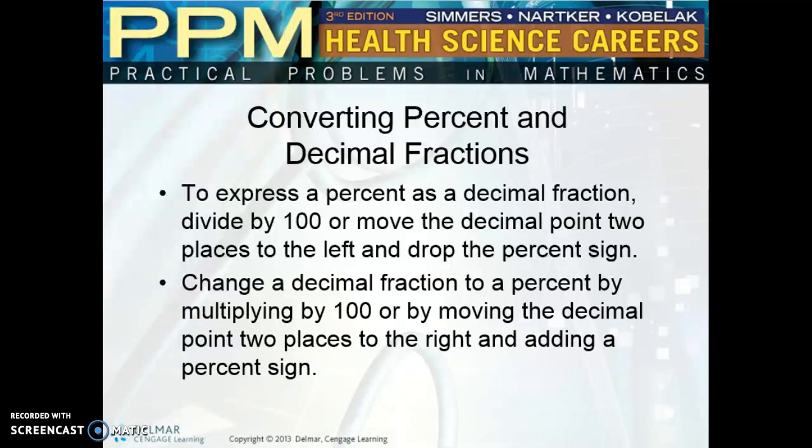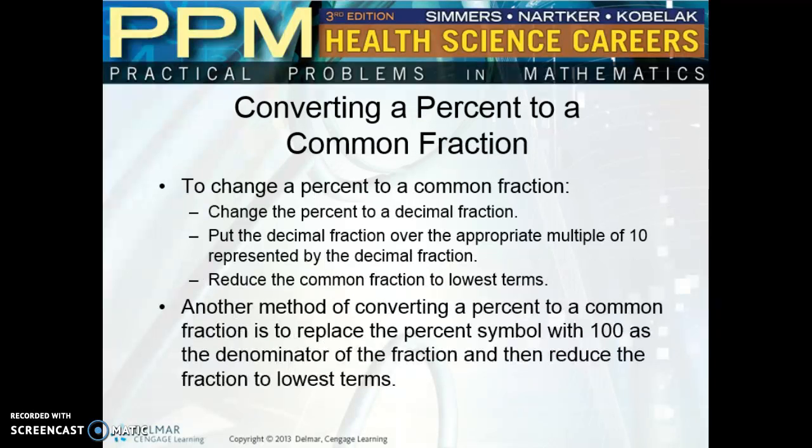The next discussion in this section is all about how to change a percent to a common fraction. And so what that means is putting it into fraction notation. So the example at the bottom of page 115 is really great. We're first going to change it to a decimal, and then we're going to put it over some power of 10.